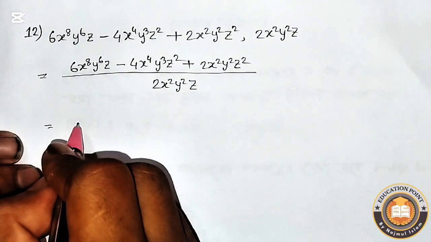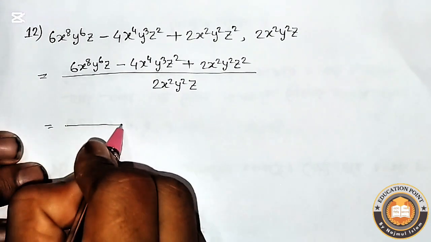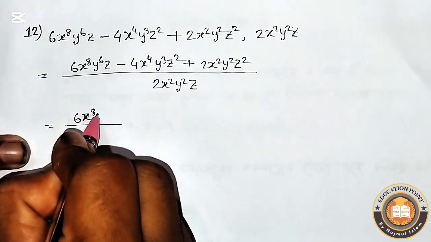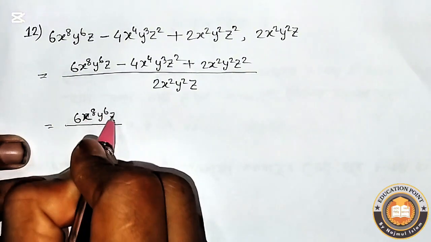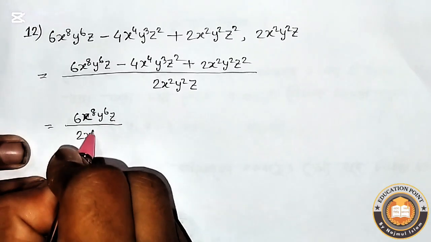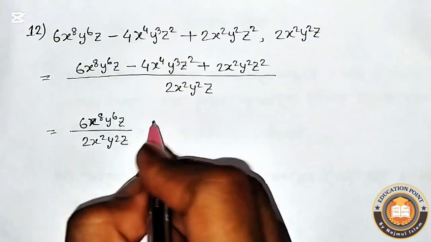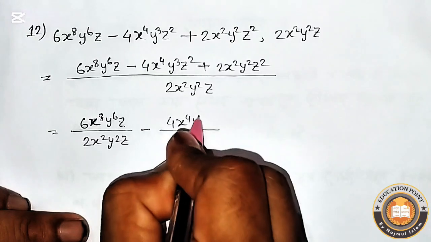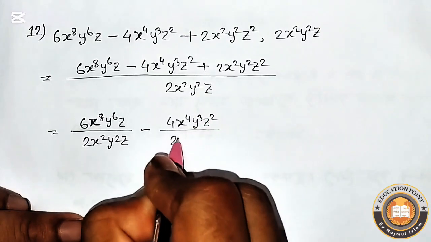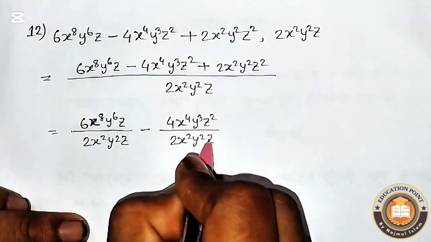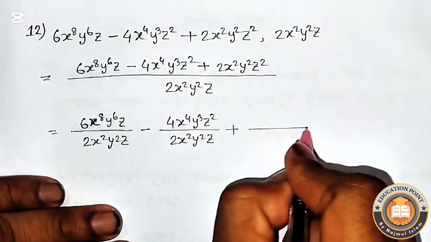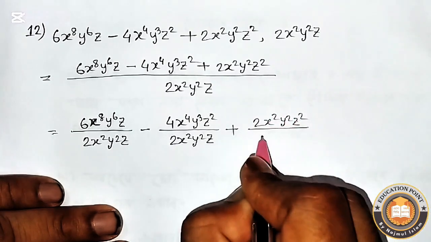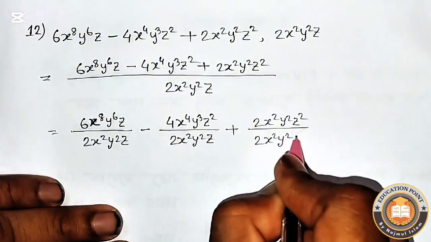At first we will apply the distribution law of division: 6 x to the power 8 y to the power 6 z divided by 2 x square y square z, minus 4 x to the power 4 y cube z square divided by 2 x square y square z, plus 2x square y square z square divided by 2x square y square z.